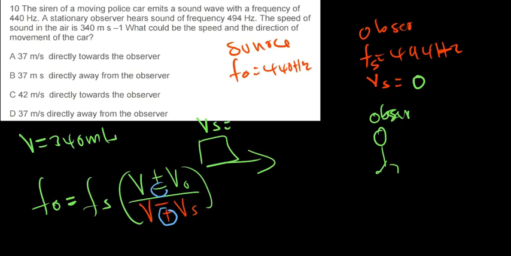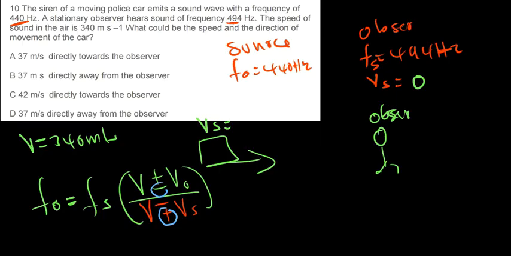This is the frequency which was being emitted, but the observer heard a frequency of 494. It increased, meaning the source was moving toward the observer. So all the answers which talk about away from the observer are wrong.